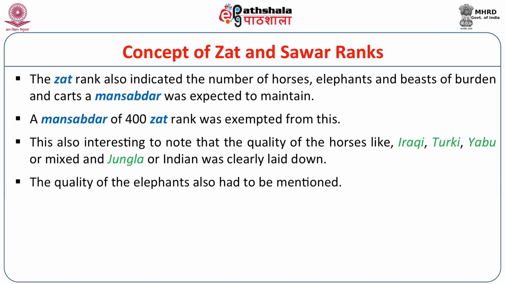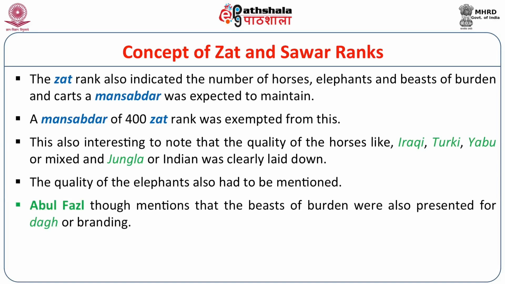The quality of the elephants also had to be mentioned. We have to understand that the elephant was an important issue in the army then. Abul Fazl mentions that the beasts of burden were also presented for Dag, or branding, but of course there is no other information regarding this topic.